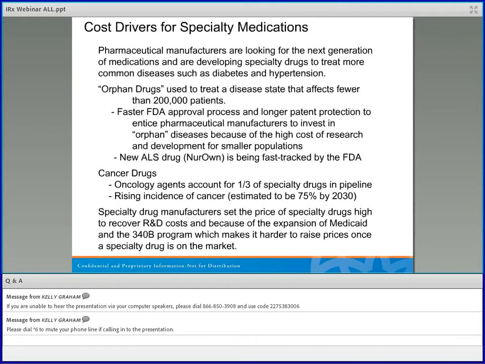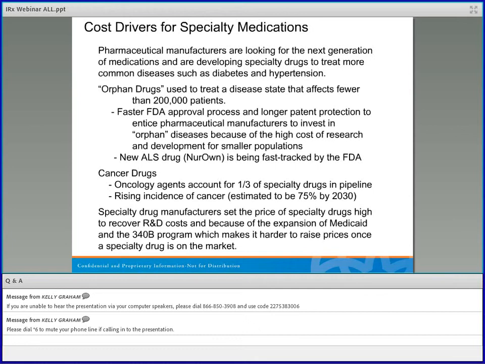Cancer drugs. I think last year there were like 11 or 12 cancer drugs that were released to the market. All of them had a price tag of $100,000 or more. And again, cancer drugs account for about a third of all the specialty drugs that are in the pipeline currently. And there was another one that just came out for melanoma, but it can also be used for other cancers.